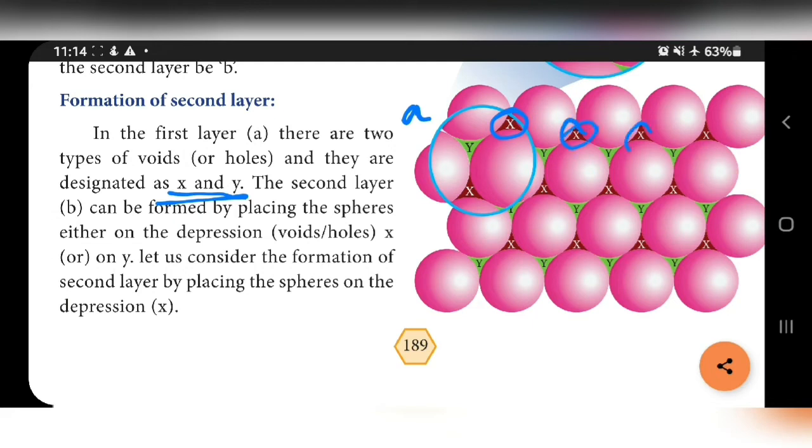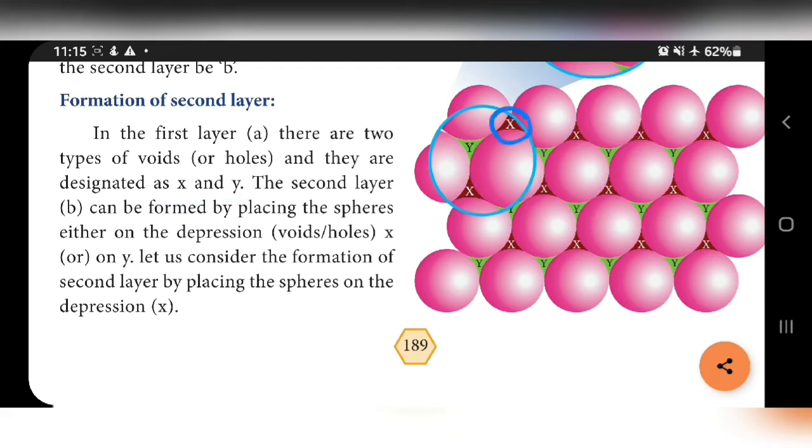These voids are denoted by X symbol, and these voids are denoted by Y symbol, and it goes on like that. So in this arrangement, two types of voids are there, designated as X and Y.